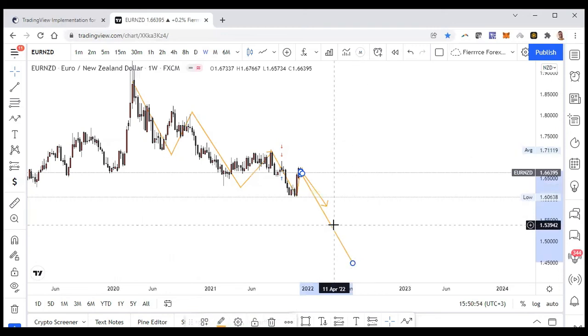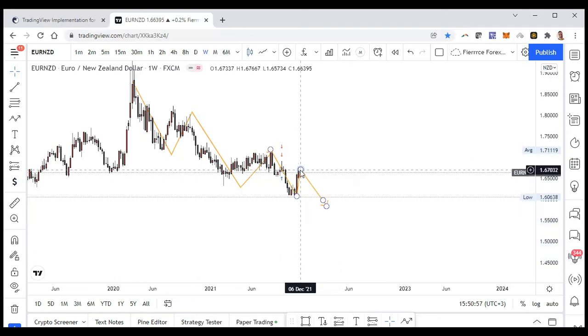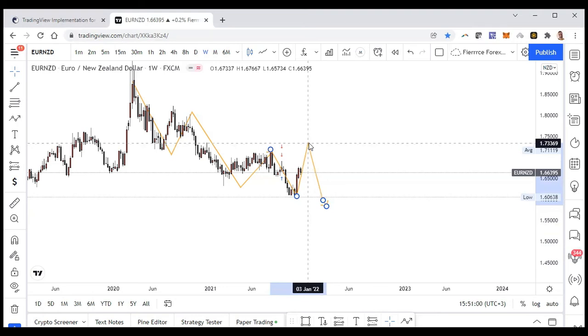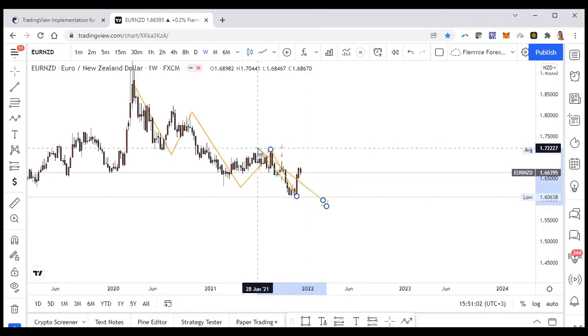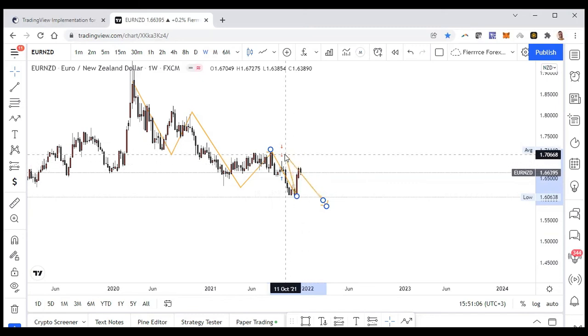So Euro NZD may push up, take out liquidity up here, and then continue lower, or it may even just take out this previous high here before pushing lower.